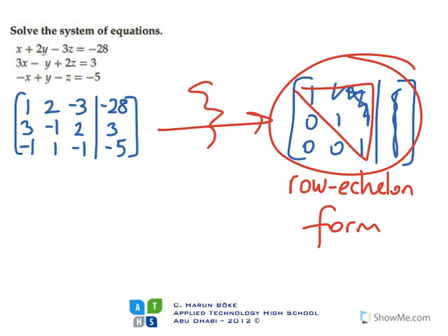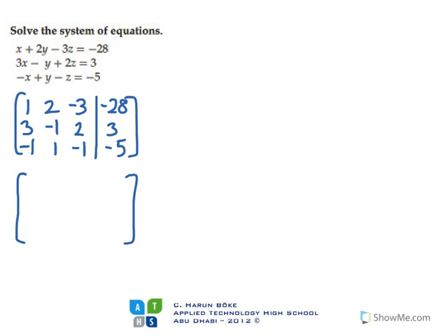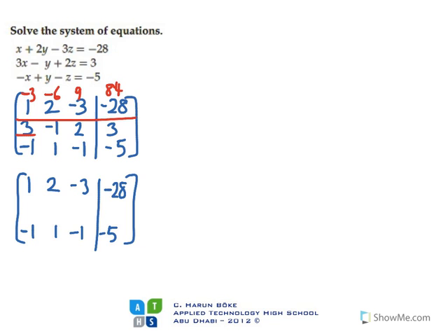So let's start. What I'm going to do is multiply the first row by -3 and add it to the second row so that I will get 0 under 1 in this place. Now let's do that. If I multiply by -3, I will have -3, -6, 9 and 84 instead of these values.